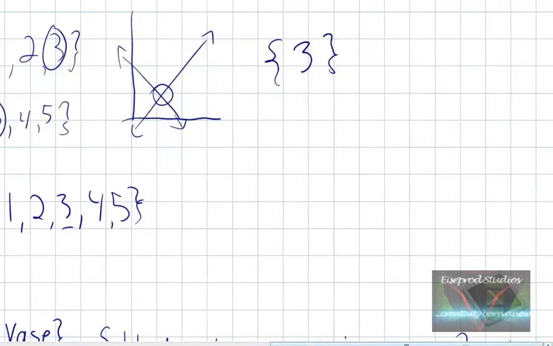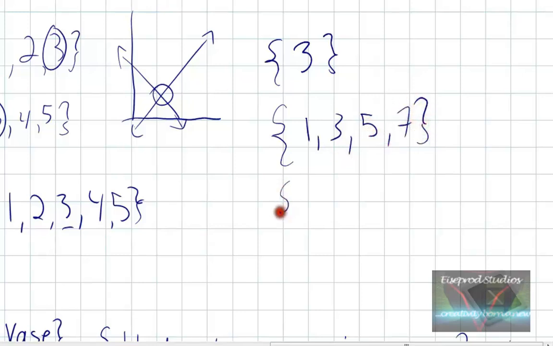So I'll go ahead and use numbers still for an example. So let's say this time I had the set 1, 3, 5, and 7. And in this set I had the numbers 2, 3, 4, and 5.